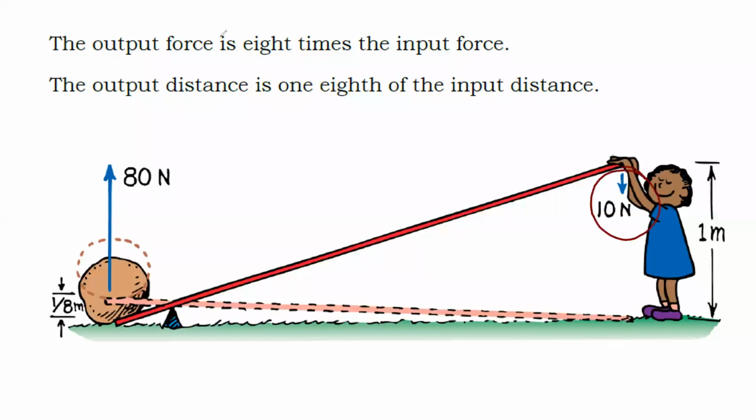This is the applying force. She pushed the lever downward to make the rock go upward. Who applied the force, the girl or the rock? The girl. Because the rock is not moving, but the girl can apply the force to make the rock move.